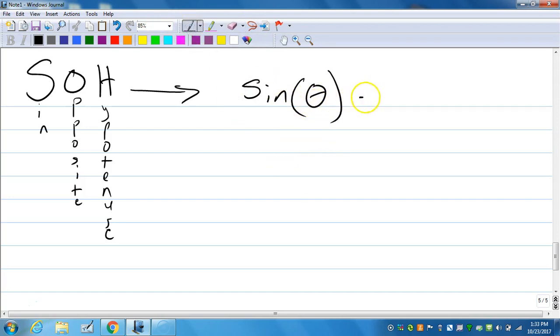So the sine of an angle is equal to the O first, the opposite, divided by the next one, H, the hypotenuse.